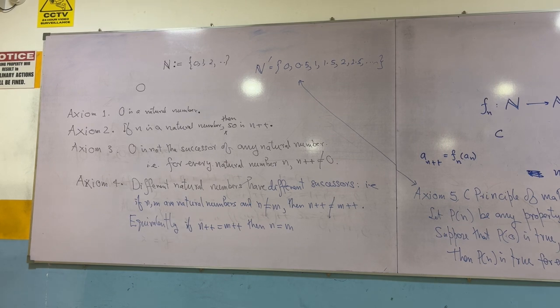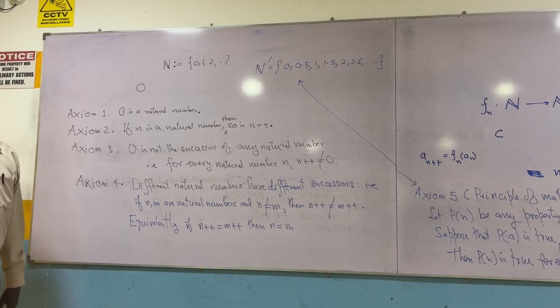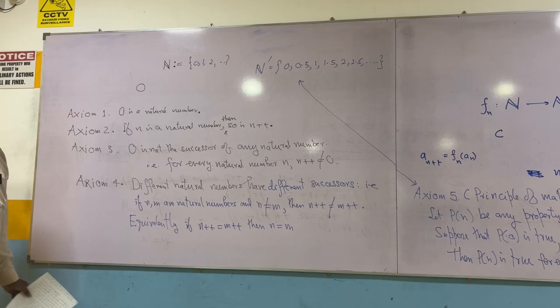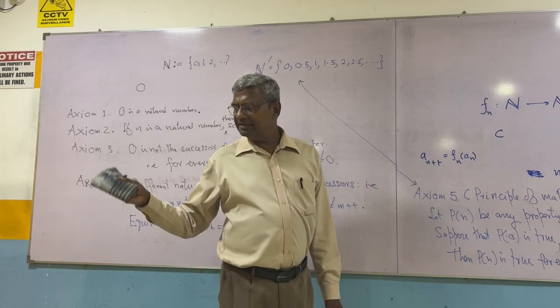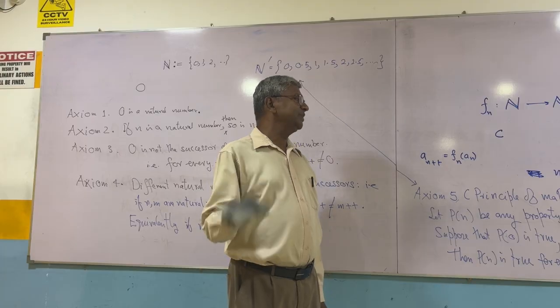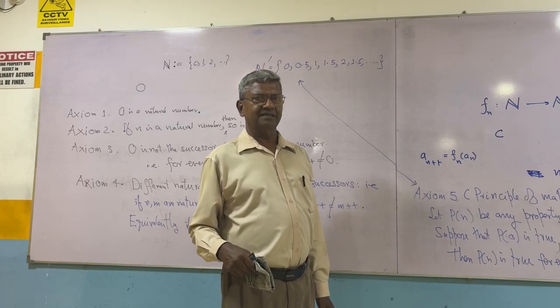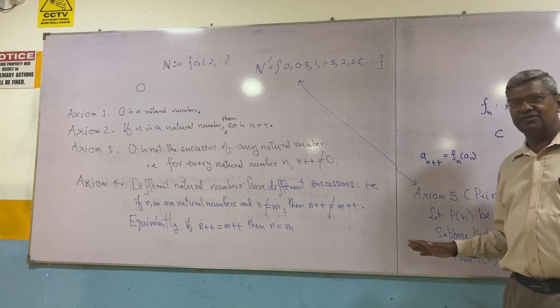So I am going to erase the board again, emphasizing axioms 1, 2, 3, 4. You have to remember them separately. Axiom 5 is actually the principle of mathematical induction. I don't know why it was labeled as an axiom, but it's okay, because the principle of mathematical induction is proved assuming other things. Here in this case, it is an axiom.